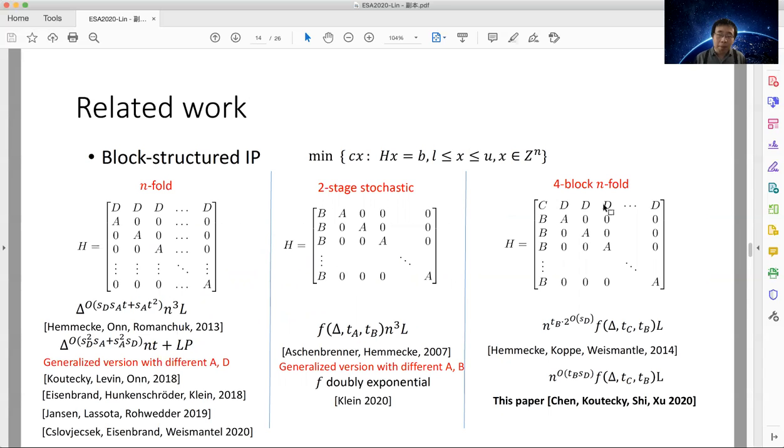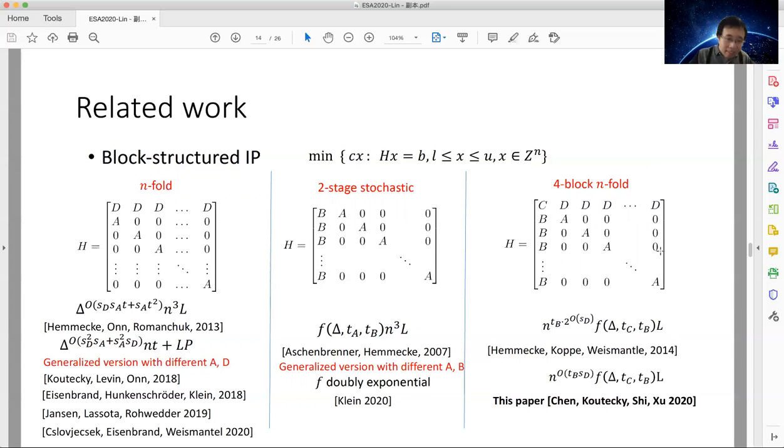Again, let me draw attention to this 4-block n-fold integer program, which is the focus of this talk. Together with this, let me also mention other block structured integer programs, known as n-fold and 2-stage stochastic.